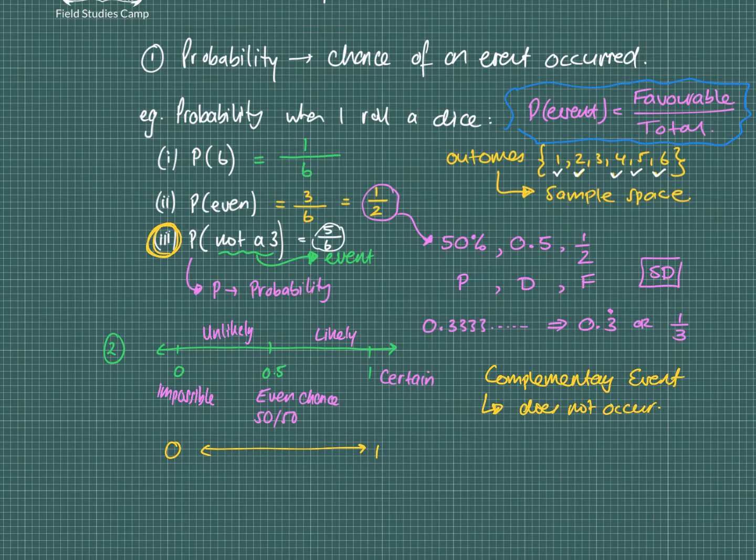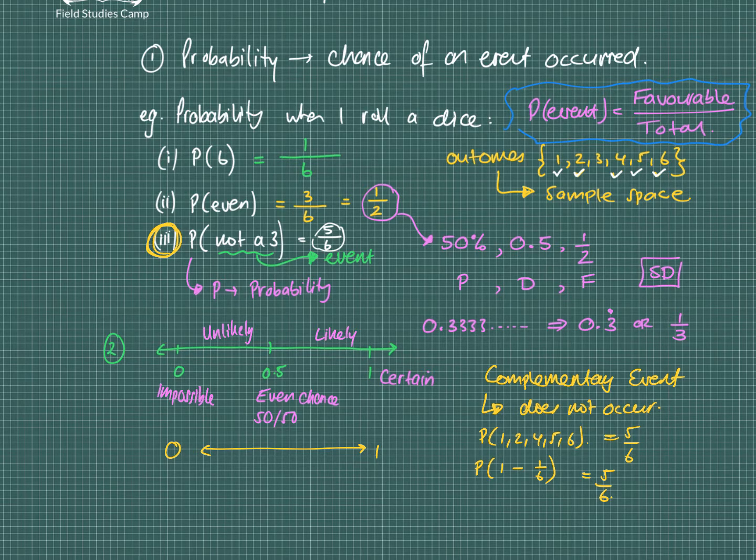Now, for example, we know not a 3 meant the probability of getting a 1, a 2, a 4, a 5, or a 6. Of course, that takes a little bit of time to rewrite, so sometimes people will say, well, that's a probability of 1 minus getting the 3, so 1 minus 1 out of 6, and you can see very clearly that is 5 on 6.